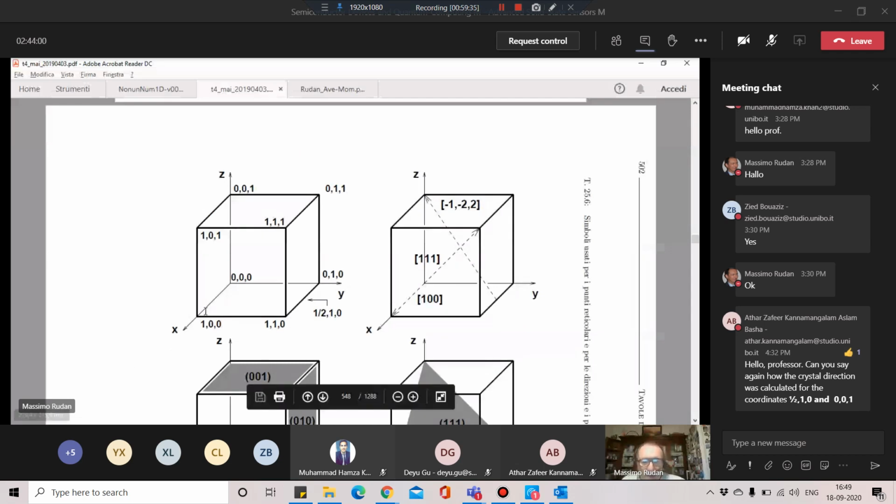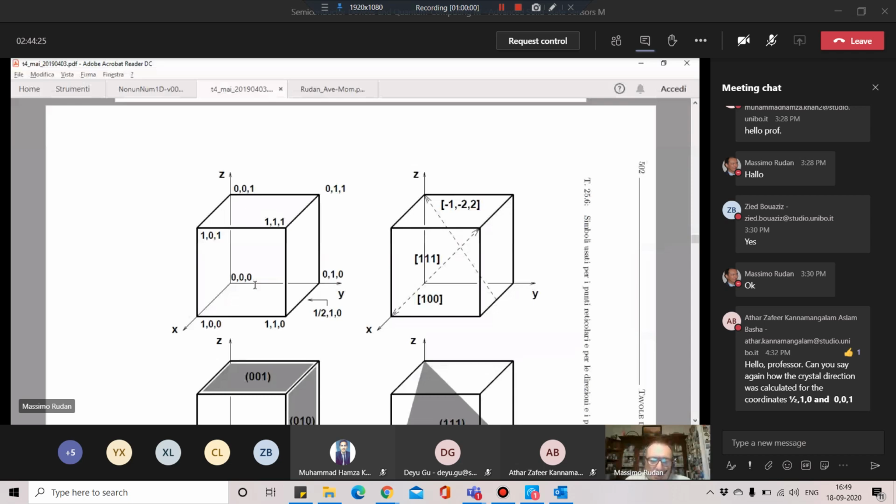Let's start with a cubic cell, and then let's try to construct, you remember, the Wigner and Zeiss cell of this lattice. What do we obtain? It is not so obvious. Okay, it is not so obvious.